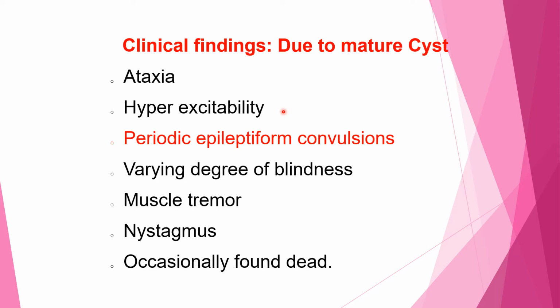But when there is hyperexcitation, even a slight stimulus provokes a great reaction by the animal. A characteristic symptom observed is periodic epileptic convulsions. Periodic means at a certain period, at certain intervals.